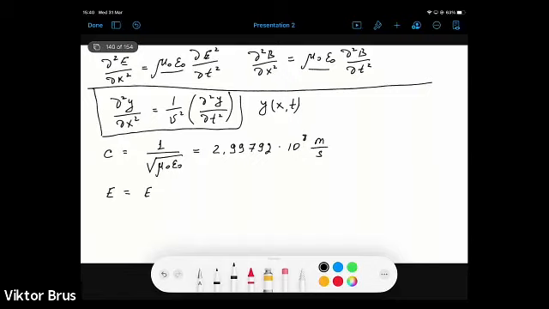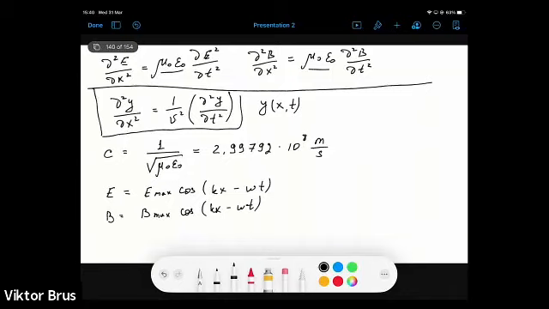It will be E maximum times cosine of kx minus omega t. And for the magnetic field vector, B maximum cosine of kx minus omega t.